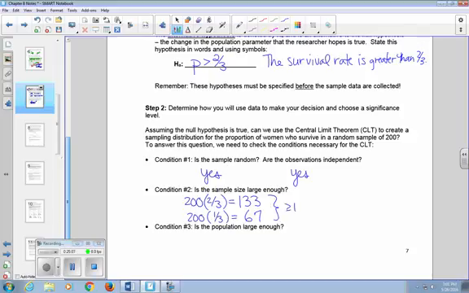Note both of these are greater than or equal to 10. So we can say yes, condition 2 has been met. And then condition number 3, is our population large enough? Is it at least 10 times bigger than our sample size? And so is the population size at least 2,000? I think we can say yes here.